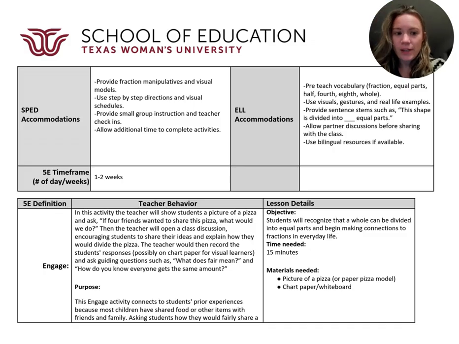For the engage phase, I wanted to play on students' prior knowledge using something familiar. So I showed students a picture of pizza and asked how four friends could share it fairly. Instead of teaching fractions immediately, I wanted students to share their own ideas about how they could share the pizza fairly and equally.